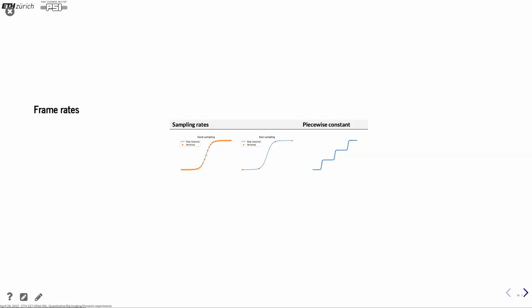If you're in this case, then you could possibly even go to an experiment type where you go piecewise constant. That is driving the process to a certain level, letting it stand at steady state at that level, and making your images, no rush.